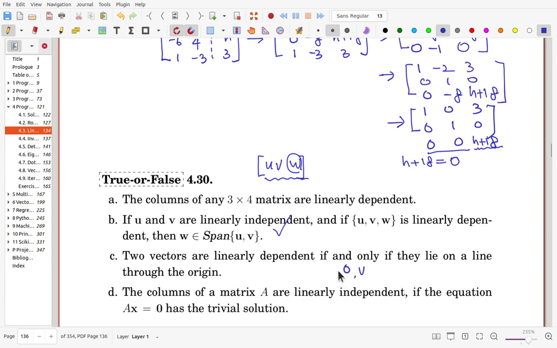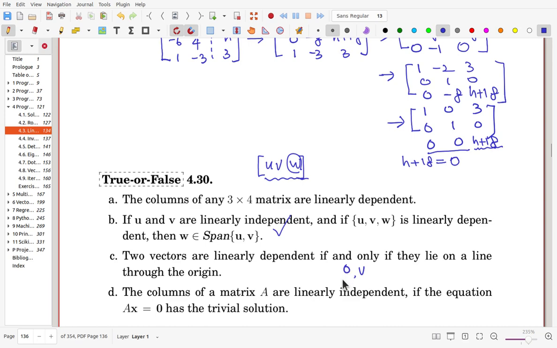If v is non-zero, then anyway these two vectors lie on a line through the origin. You may consider the line including v and 0, and then these two are on the line.